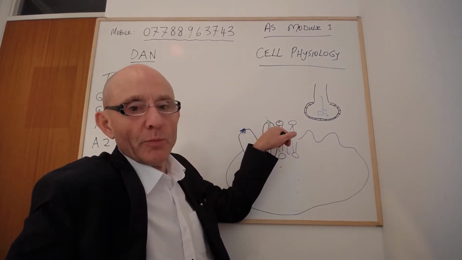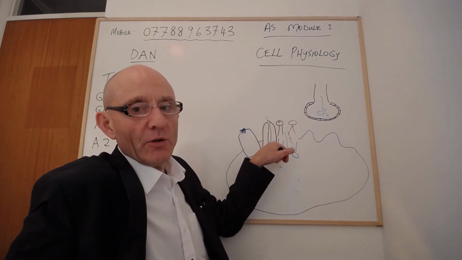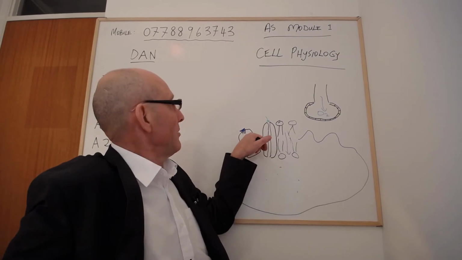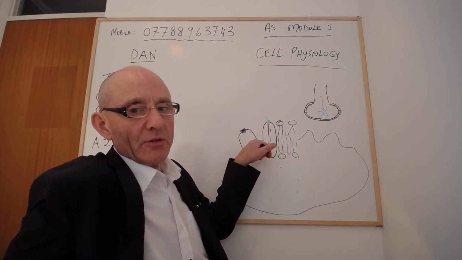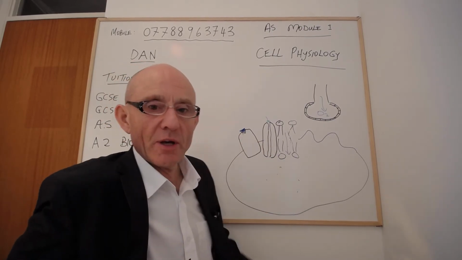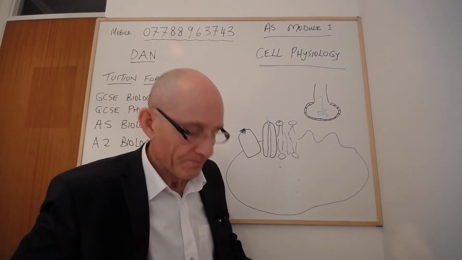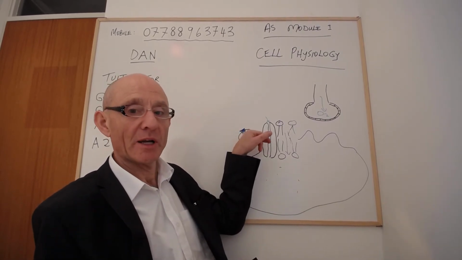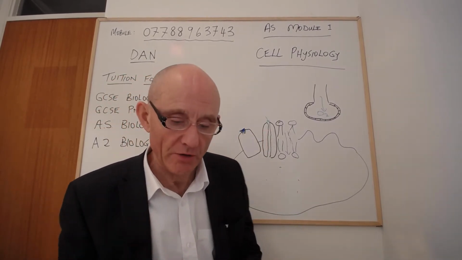It's like an open door. You come here, and if you fit through, you can go through. Carrier proteins, you can attach to them. If you're the right shape, the right molecule, you attach to them, and they'll make a channel for you and let you through. Once you get through, the channel closes again. So they're like closed doors that, if you fit into them like a key, then they open for you and let you in.